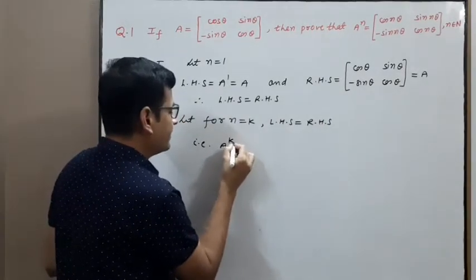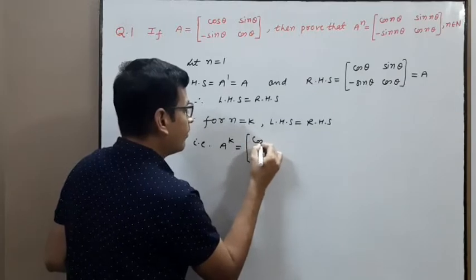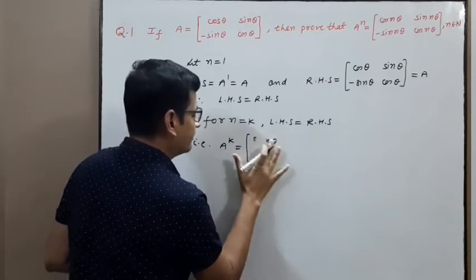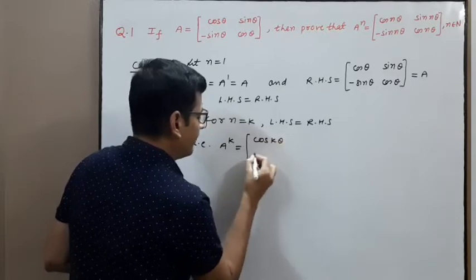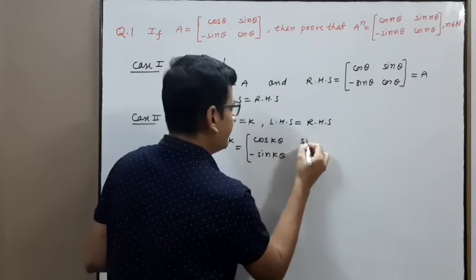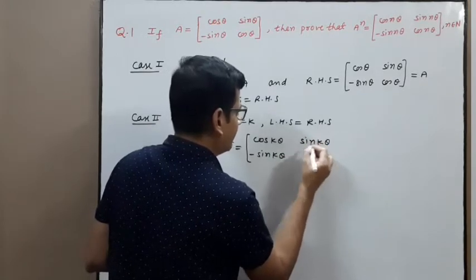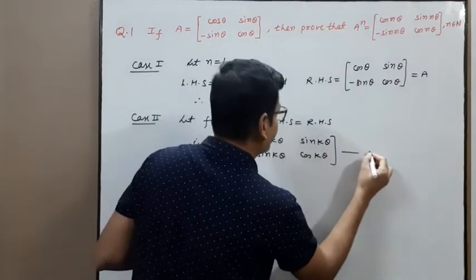So left hand side is A raised to the power k and right hand side is cos k theta, minus sin k theta, sin k theta, cos k theta. Call this equation number 1.